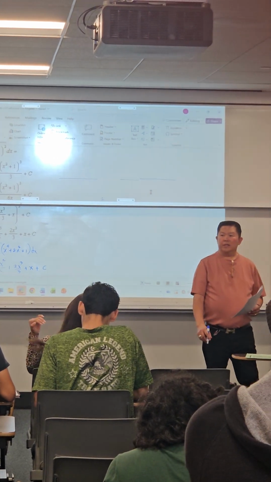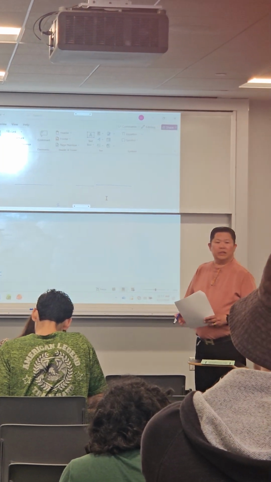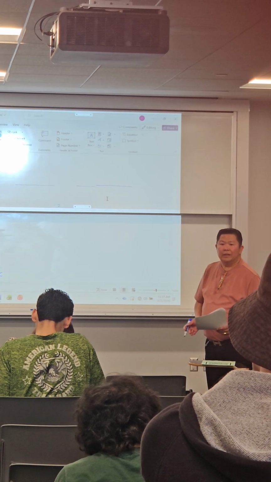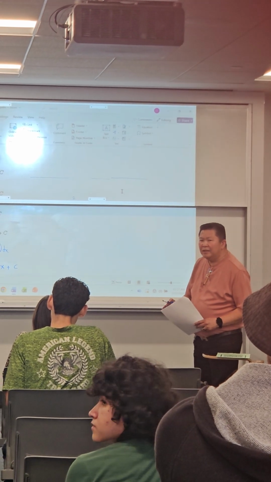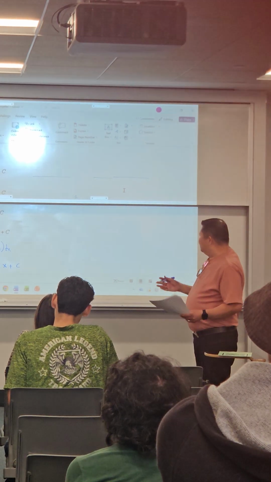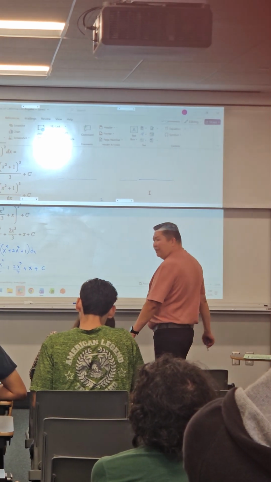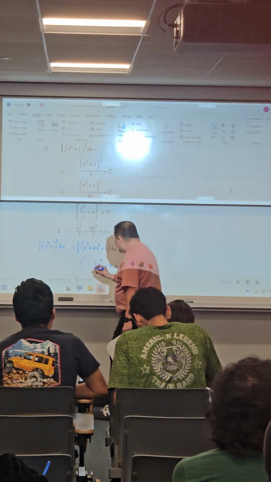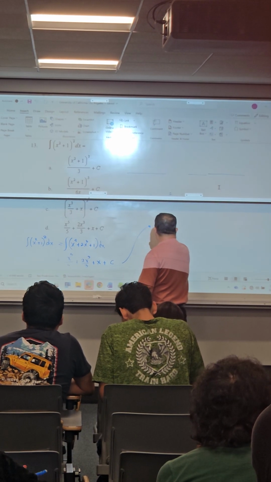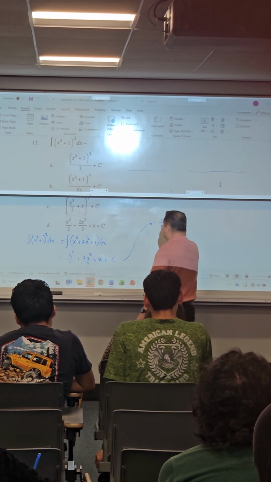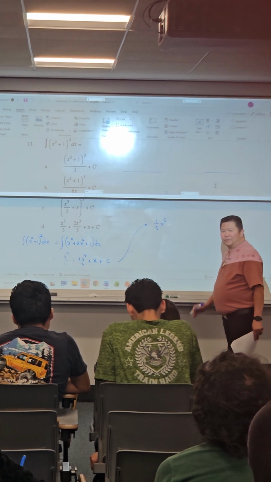Unless you have questions, clarifications. Yes? We wouldn't simplify it to 1 over 5? Oh, it doesn't matter. What do you mean, like 1 over 5 x to the power of 5? Yeah. They're just the same. Okay.